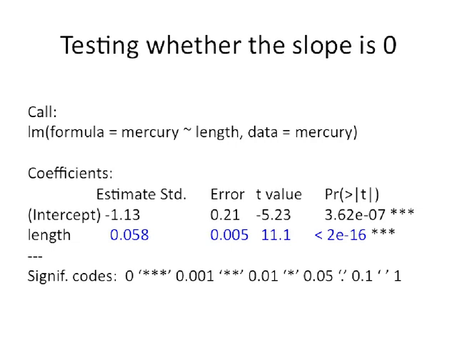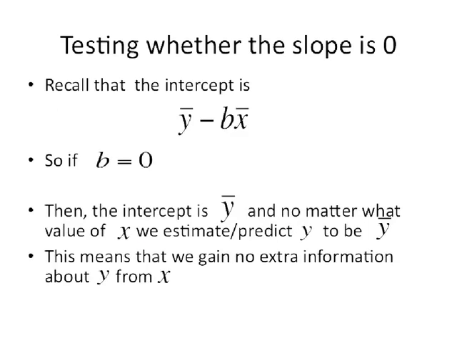Just to back up a little bit, recall that the intercept is y bar minus the estimated coefficient, the slope, times x bar. So if the slope is 0, then the intercept is just y bar. And so that's essentially testing two different models. It's testing whether or not the model that just says my best predictor for the y value is y bar, no matter what x is.